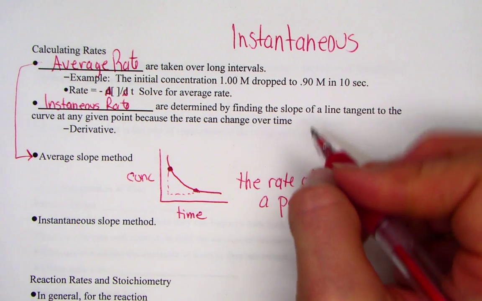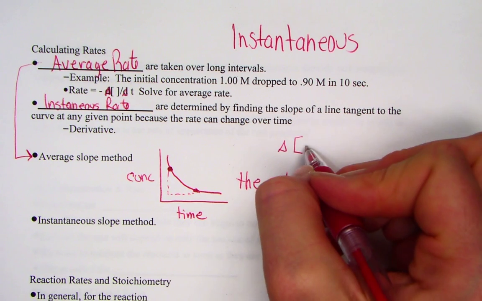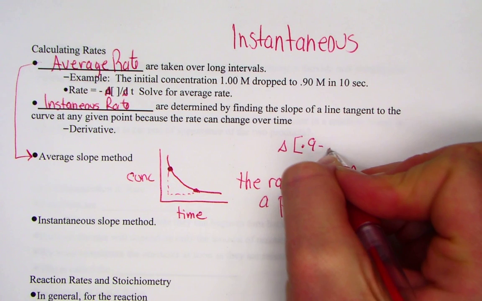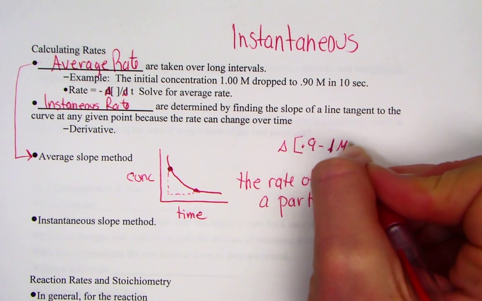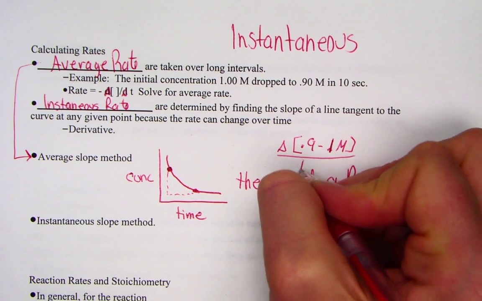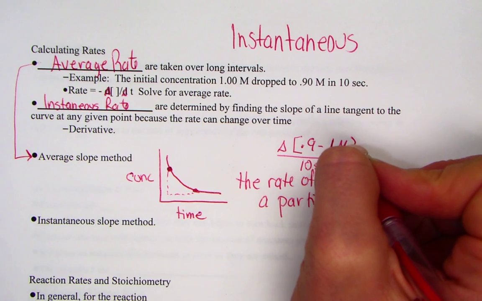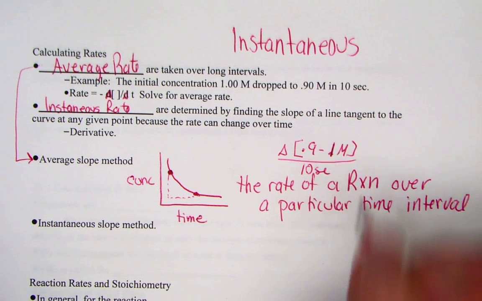That example might show the change in concentration would be initial of 1 molar, final of 0.9 molar, and I'll reverse that to show I know that reactants get used, so it will come out negative, over a course of 10 seconds. How much the concentration changed by a certain time frame, an average slope method.